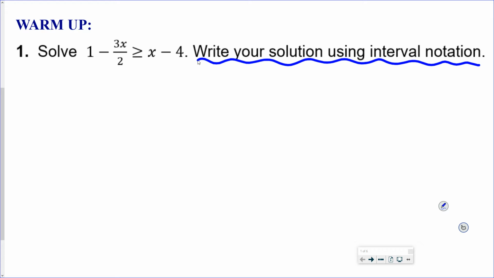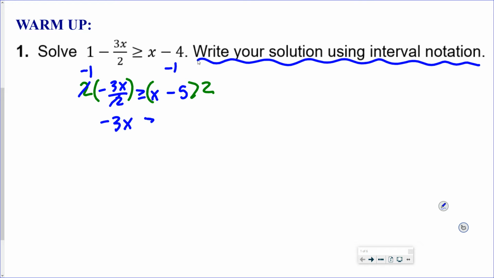Okay, a couple different ways you could do this. You could combine your variables with fractions. Personally, I moved over this first, and then I was like, "Let's get rid of that fraction. Let's times both sides by 2." And you could have done that right away, also. So we get -3x, and we get 2x minus 10 on the other side.